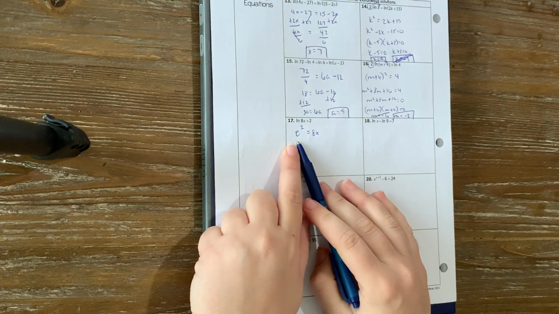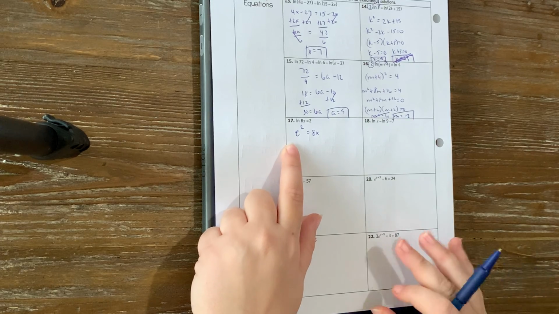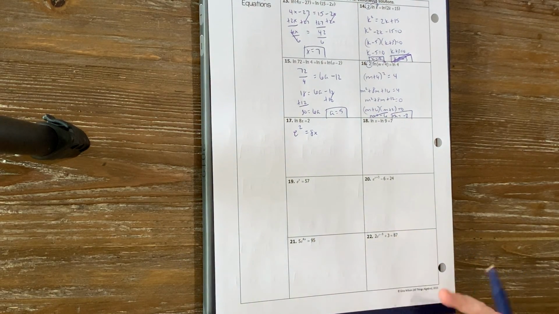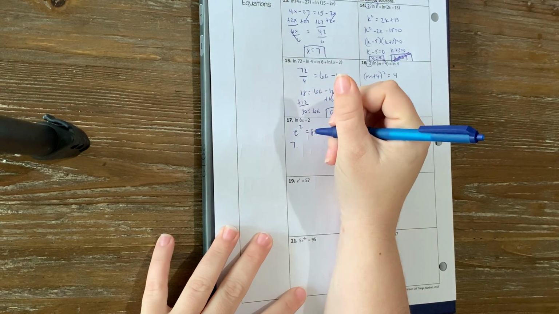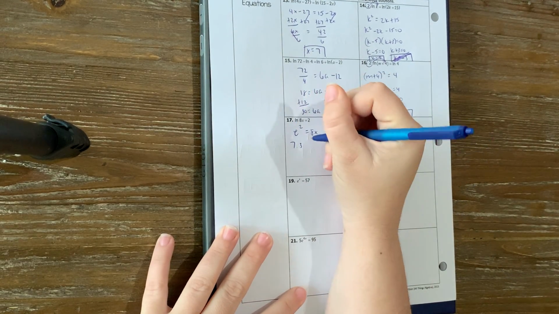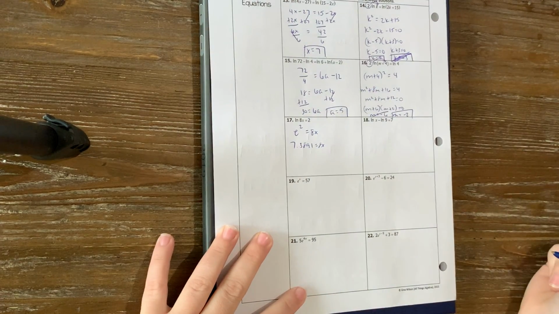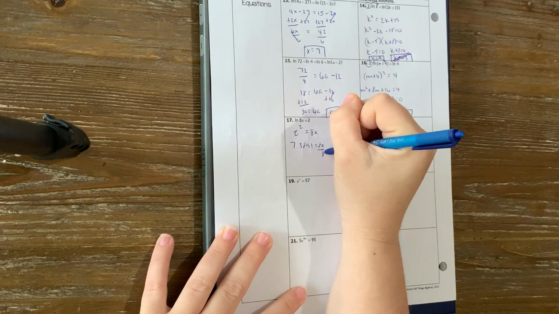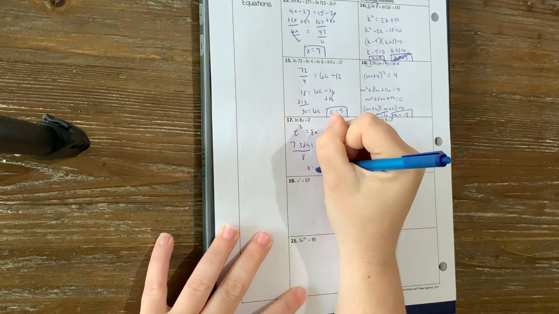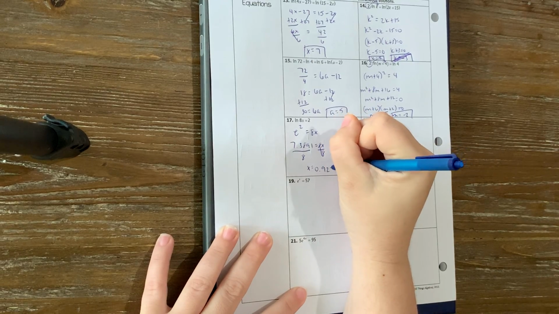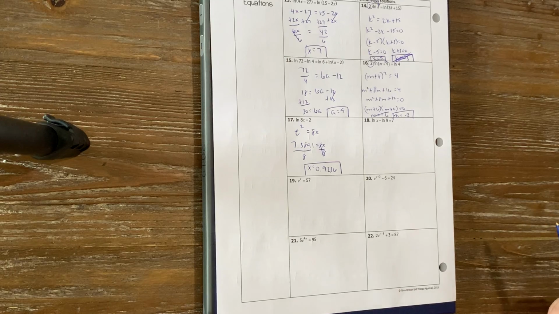On your calculator, you actually have the e button, so if you want e squared, you just do e squared, and that would be about 7.3891 equals 8x. Then to solve for x, you just divide both sides by 8. And so that's going to become around 0.9236, something close to that.